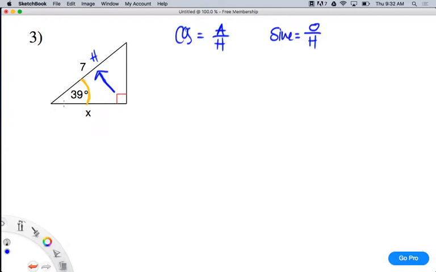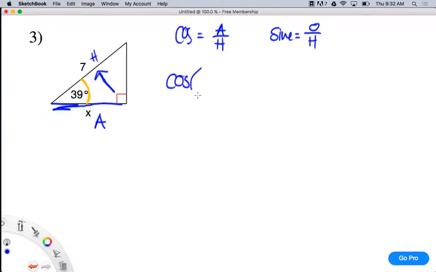So this side here, this x that I'm interested in, is touching the angle. So what does that mean? Is it opposite or adjacent? Adjacent. And so since it's adjacent, do I use cosine or sine? Cosine, exactly.